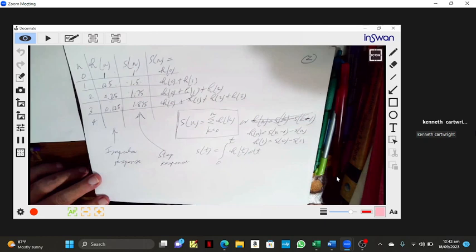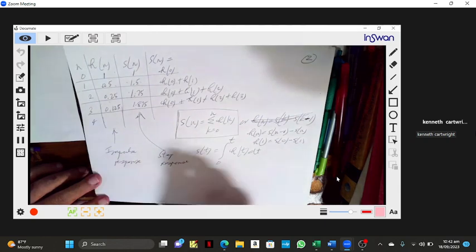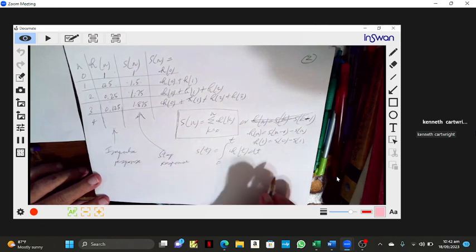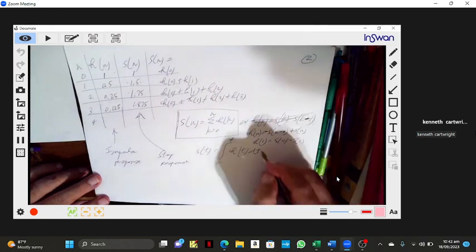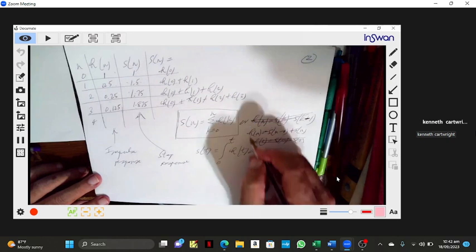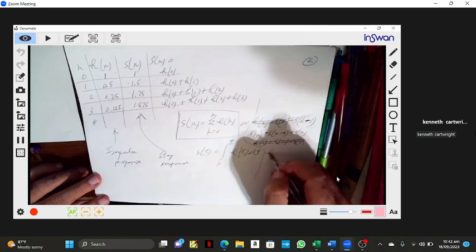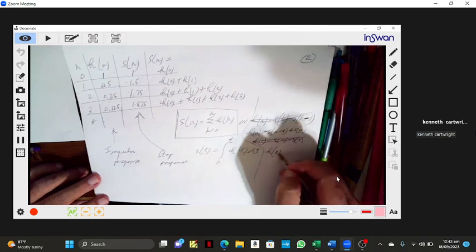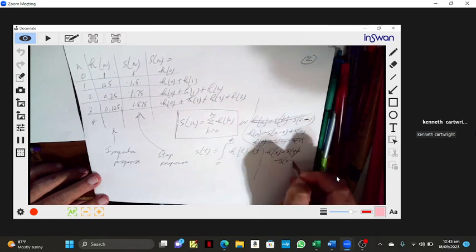It's that. H of 1 is S of 1 minus S of 0. For example, H of 1 is S of 1 minus S of 0, so H of 1 is 0.5, as you see here.